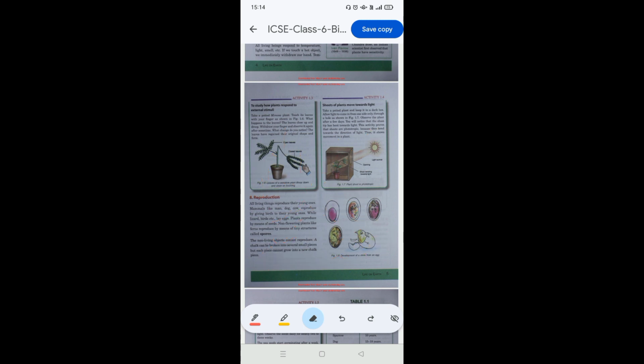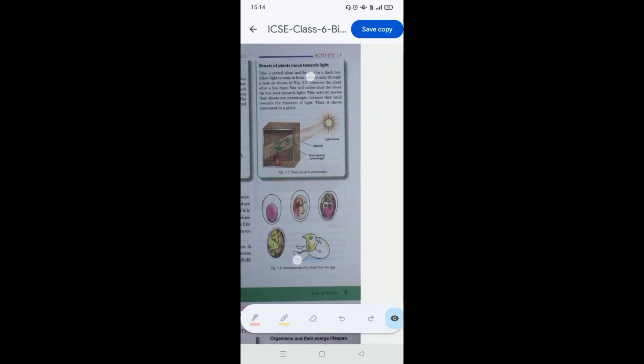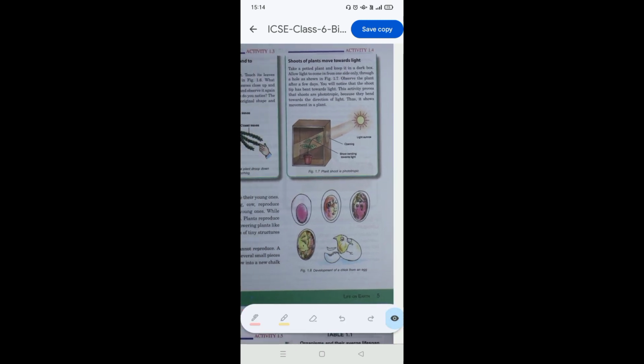Moving on, in figure 1.8, they have shown the development of a chick from an egg. So first a chicken lays an egg, and inside the egg, the young one is developing. The first one is the fully formed embryo stage, and this embryo is developing here.